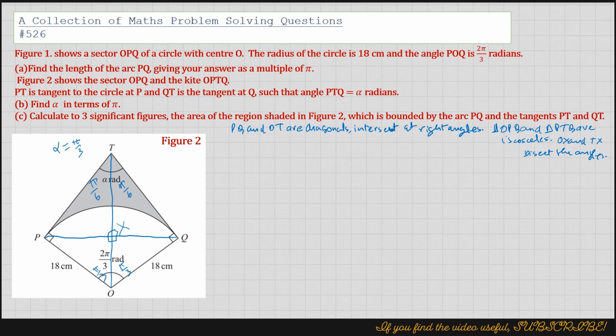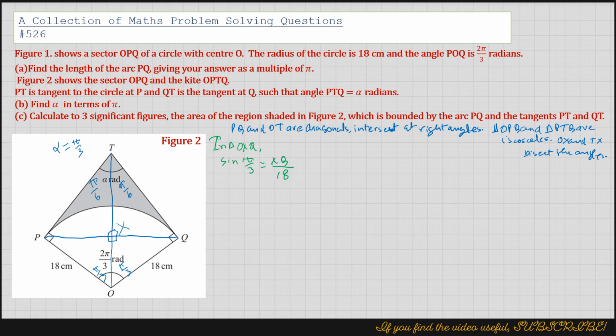Then in triangle OXQ, I can say sine pi out of 3 equals XQ divided by 18.